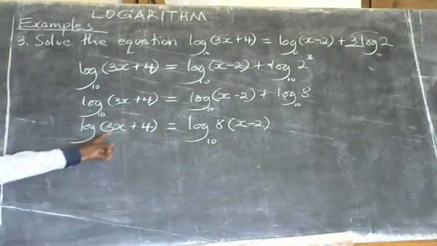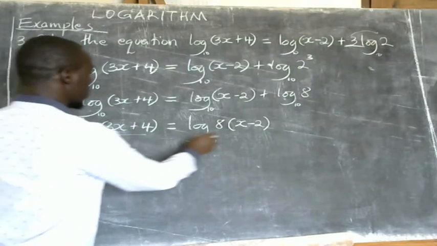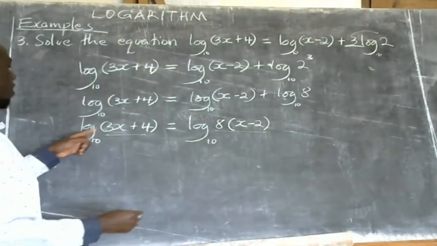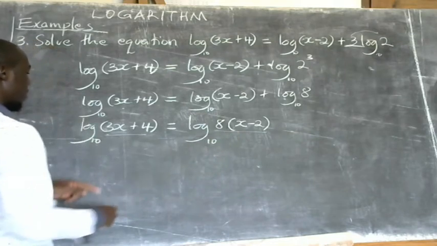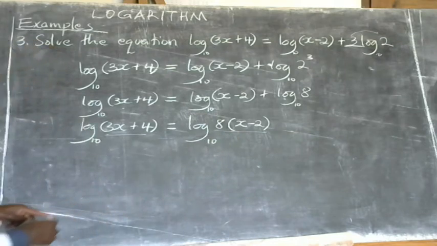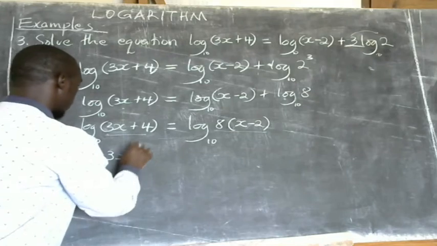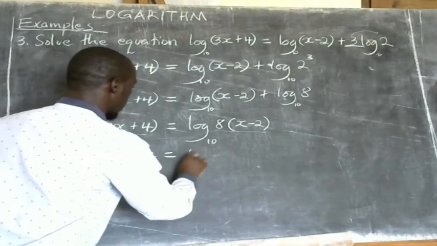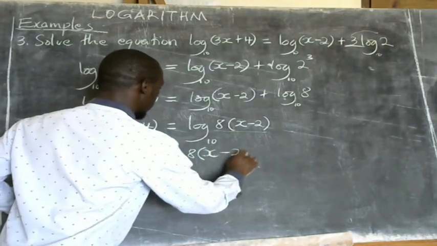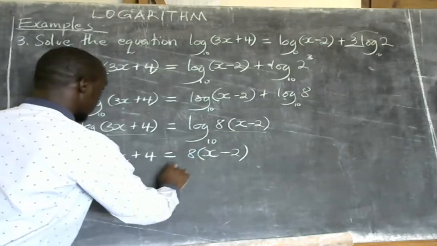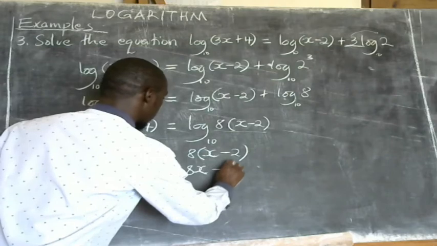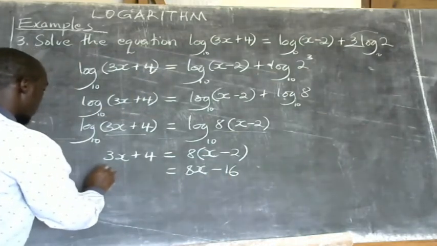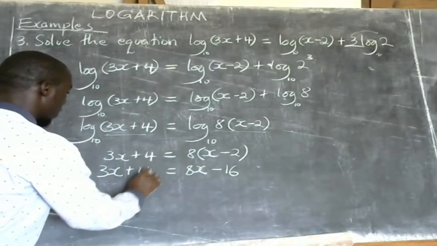Then now, I'm going to equate this to that because I'm having single log either side, and then the base is also the same. So this is 3x plus 4 is equal to 8 into x minus 2. Opening brackets this side, I'm having 8x minus 16. Then this side, I'm having 3x plus 4.